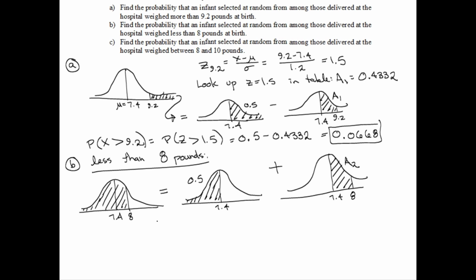So now we need to find the z-score for a birth weight of 8. And so that's going to be x minus mu over sigma. So 8 minus 7.4 divided by 1.2 gives me a value of 0.50.